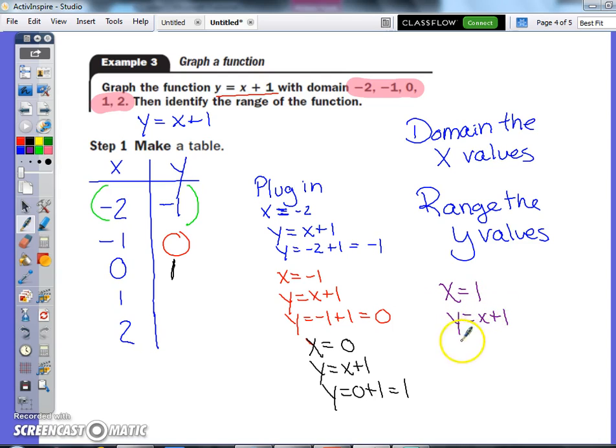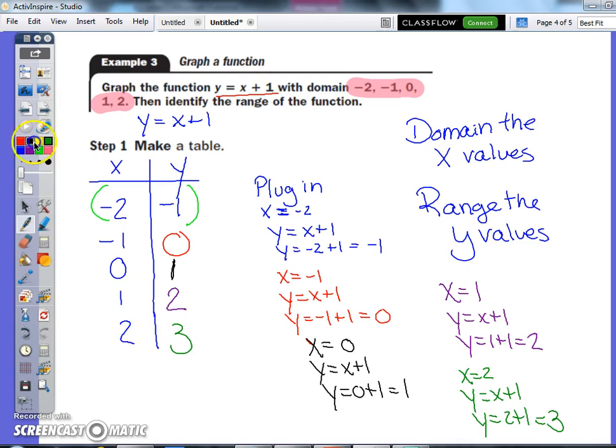You plug in the 1 for x, so y equals 1 plus 1, which is 2. You set it right beside it. There's your fourth ordered pair. And then when x is 2, we have y equals x plus 1. So y equals 2 plus 1, which is 3. Now, you came up with 5 ordered pairs.